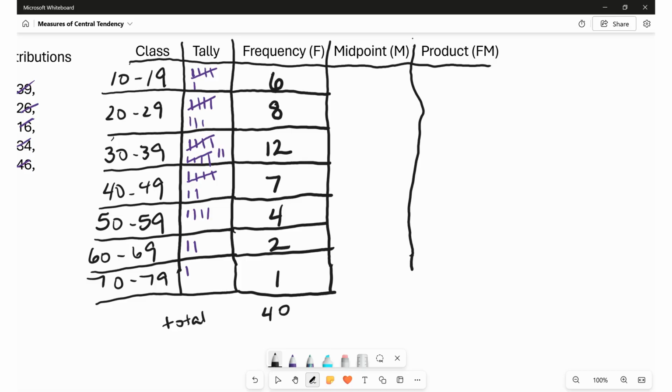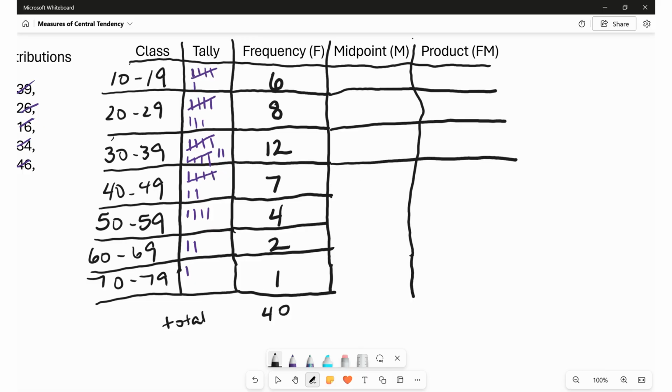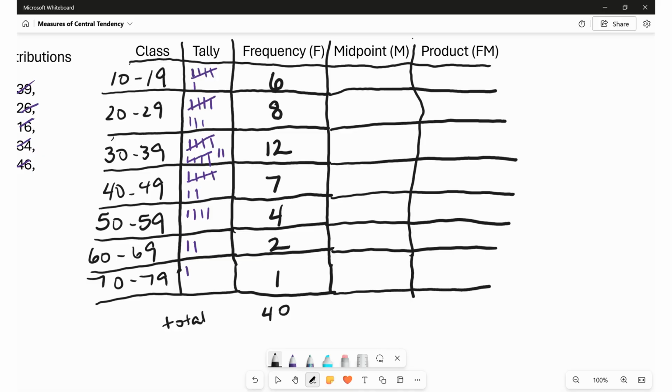Okay. Now, in order to find the mean of these data points, we now have to find the midpoint of each class. Okay? So the midpoint of each class, we're going to take the endpoints. So 10 plus 19 and divide that by 2.